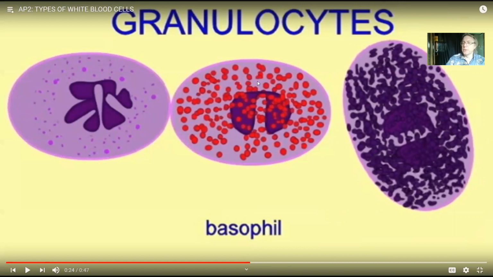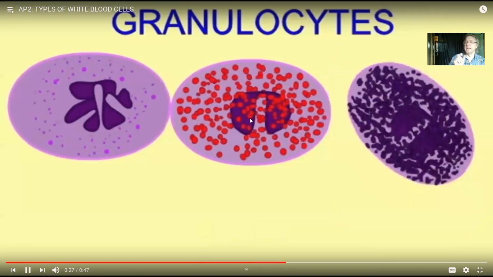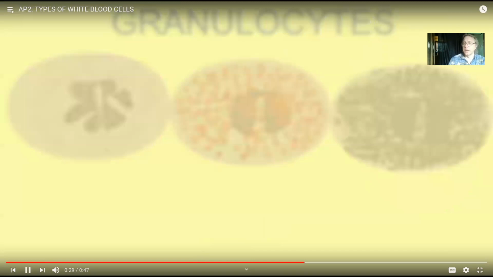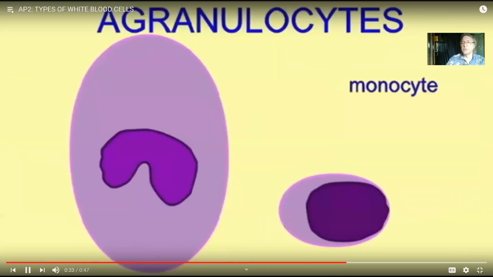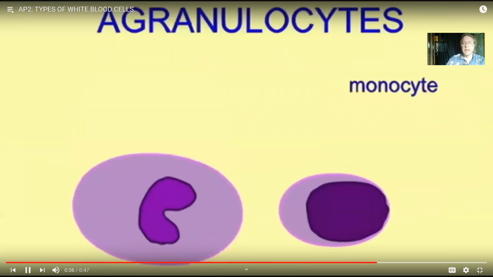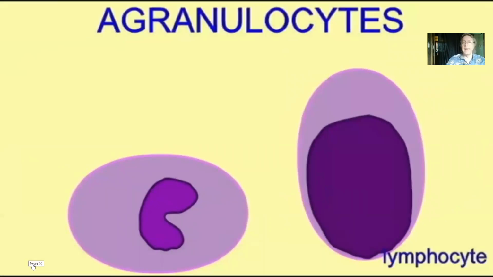And then 3 of the 5 major classes of white blood cells have specialized lysosomes, which we'll call granules, which also take up stain. So there are 3 which are called granulocytes, because when you look in their cytoplasm, you see these granules, these lysosomes which have taken up stain, while in 2 of these you don't see granules, so we call them agranulocytes.